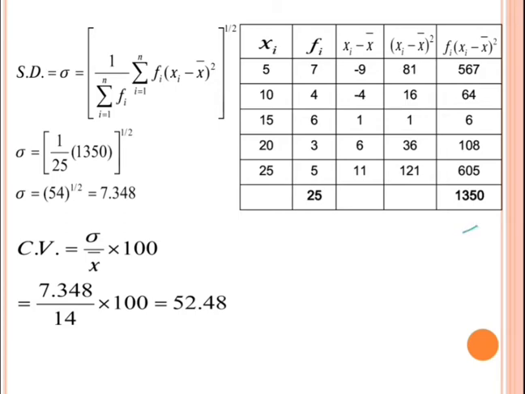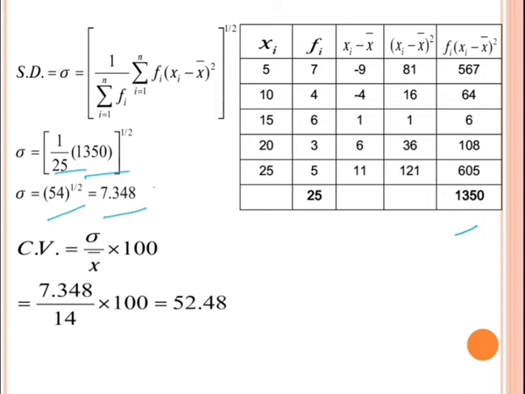So 1350 divided by sigma fi, you get under root of 54. On taking the square root of 54, you get your answer as 7.348. So this is the standard deviation for the given frequency distribution.